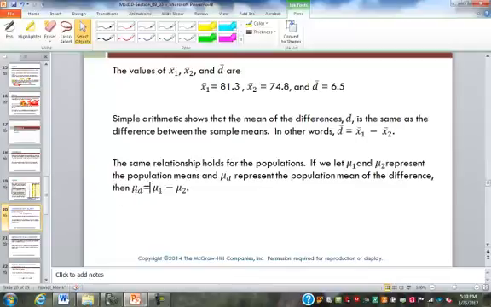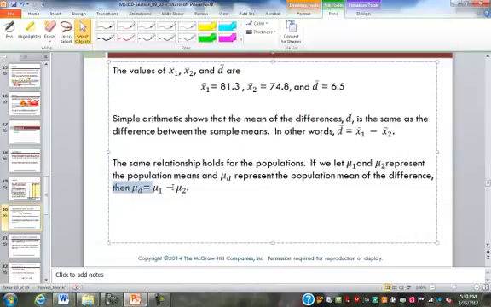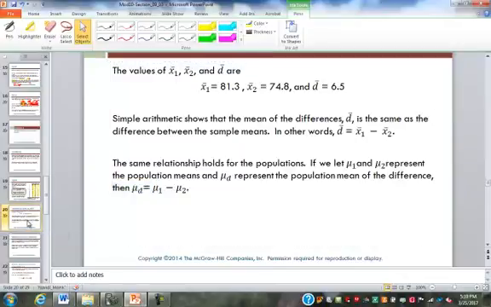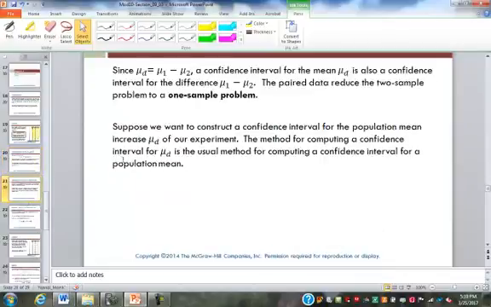So the mean difference should not necessarily be the same as the difference of the means here. I don't care much for the notation there, but let's go ahead and do our interval here.